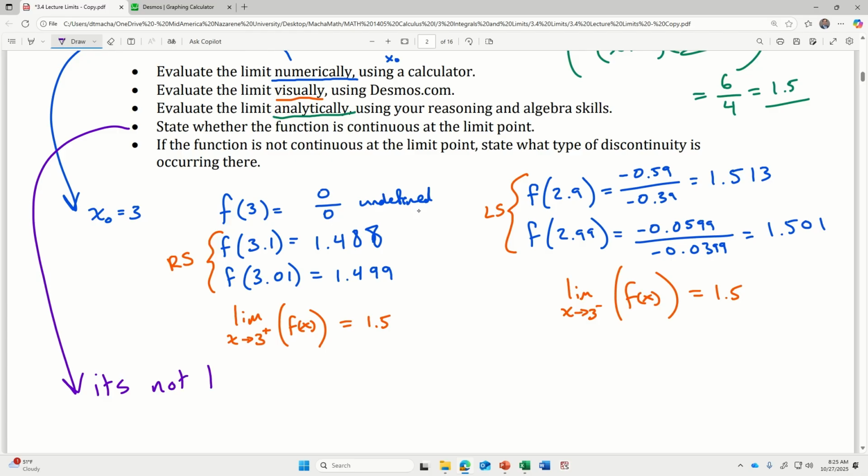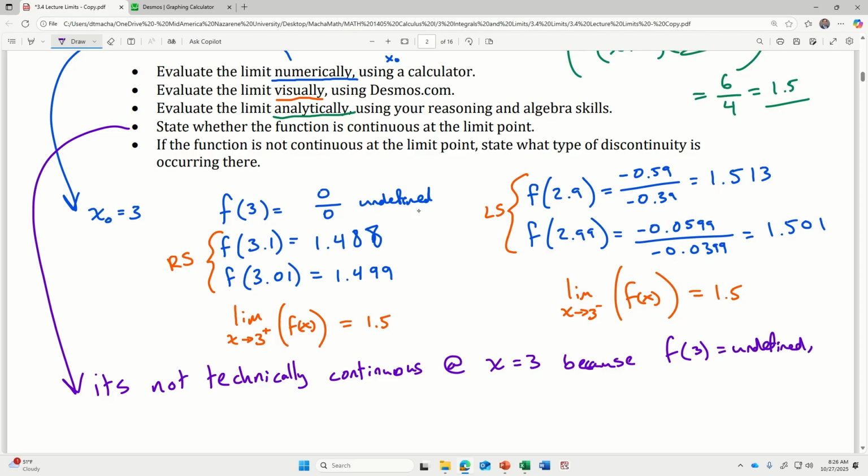It's not technically continuous if we want to split hairs about it. So there's a hole there.